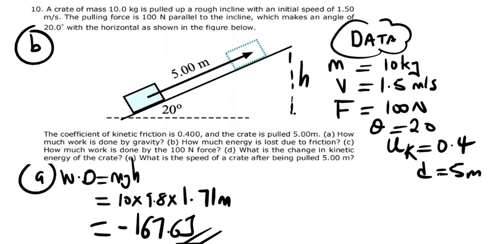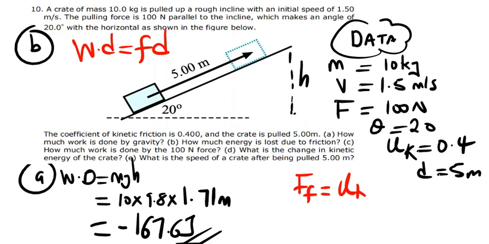So what will be the energy? We know that work done is still the energy. So work done lost due to friction will be force, or in this case the frictional force, multiplied by the distance. Now the way you find the force due to friction, we said it is mu k multiplied by the normal force.